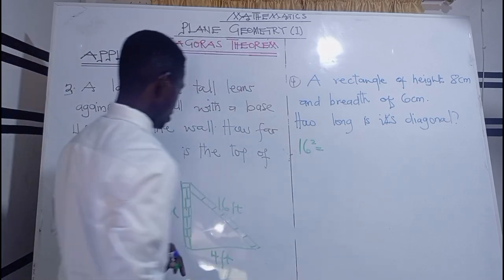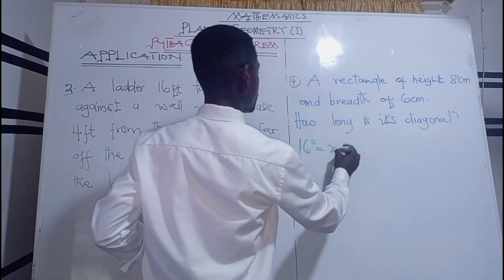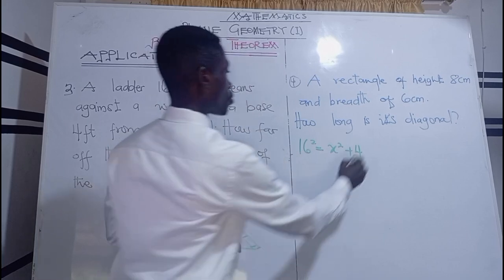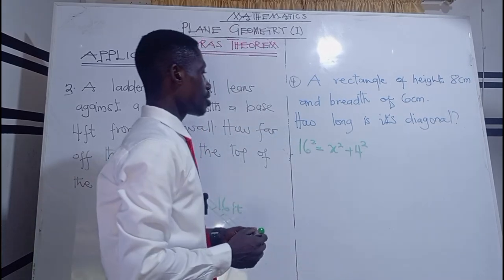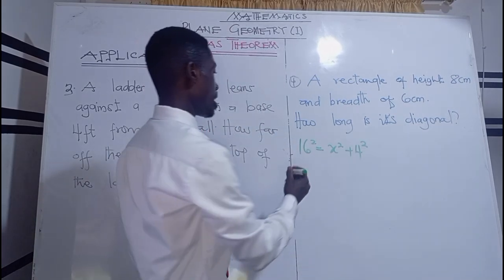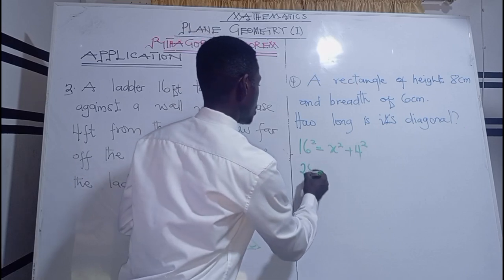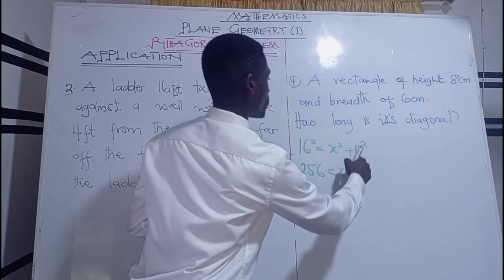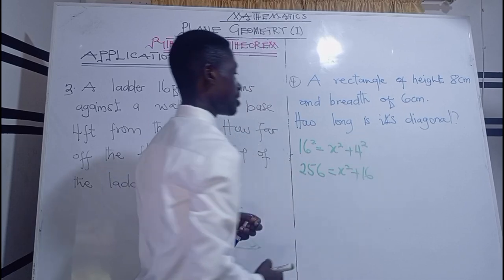So we are going to get 16 squared is equal to x squared plus 4 squared. Good. So we know that 16 squared will give us 256, and 4 squared will give us 16.